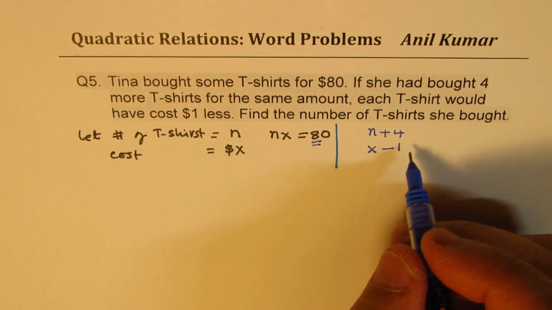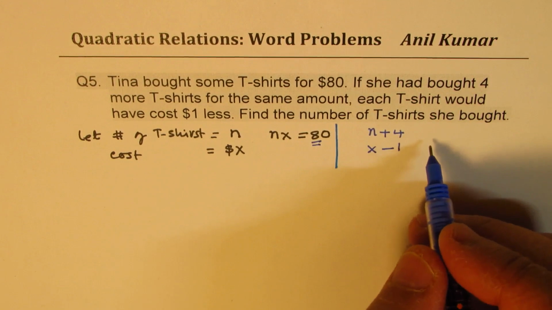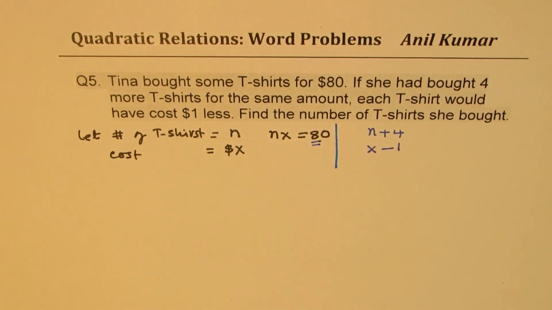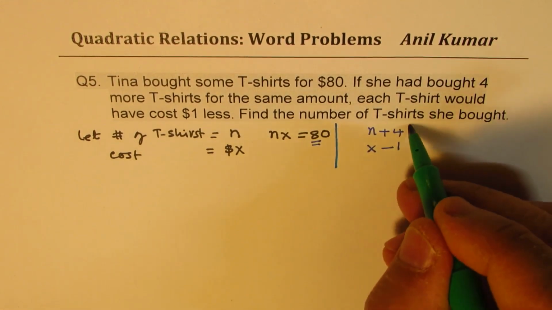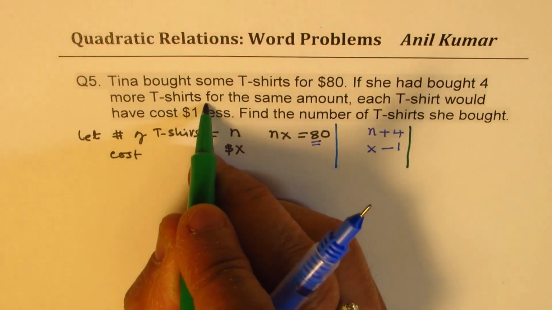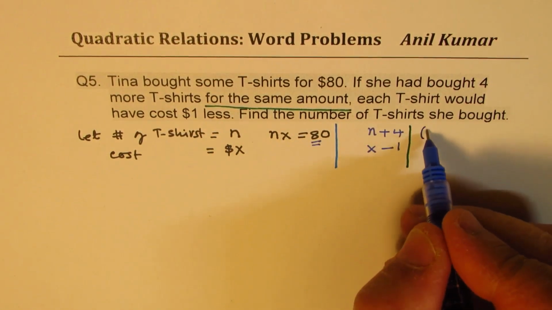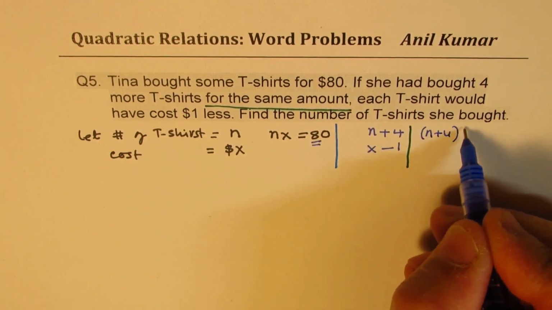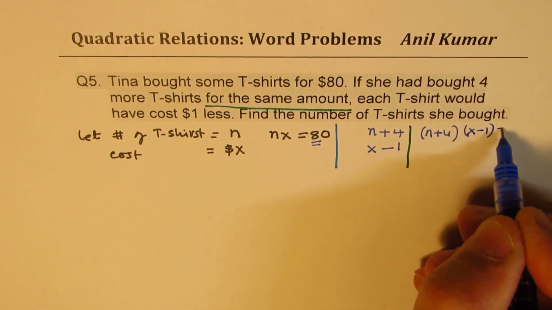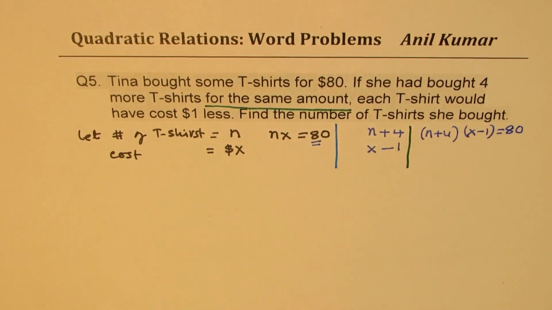So when they say for the same amount, it means when you multiply these two, that is n plus 4 times x minus 1, you should again get 80. Do you see that part? So that is how you have to solve this particular equation. Correct? So I hope that concept is clear.